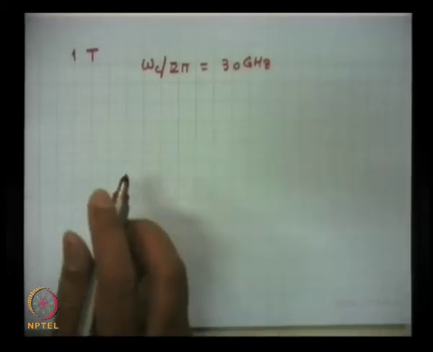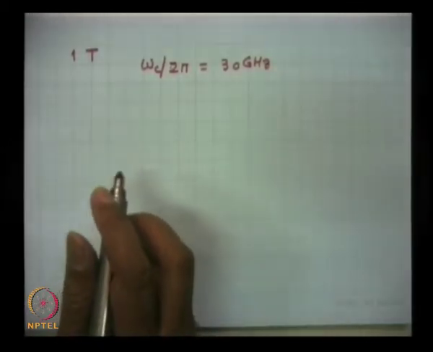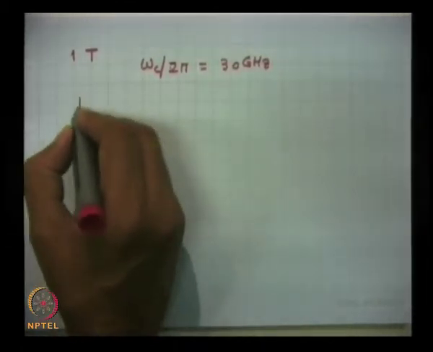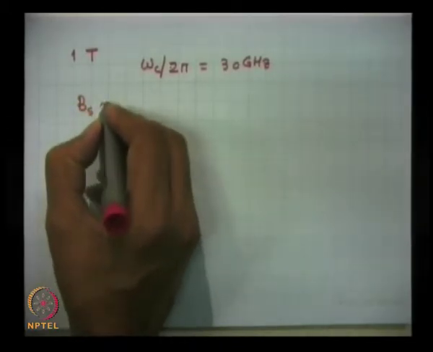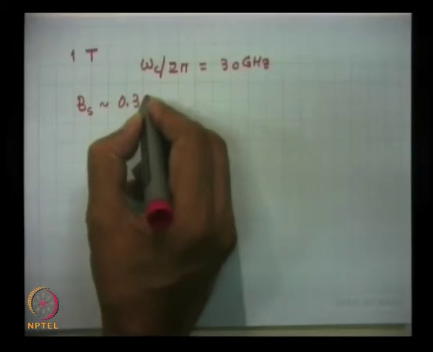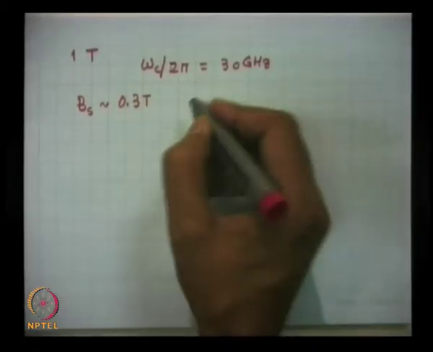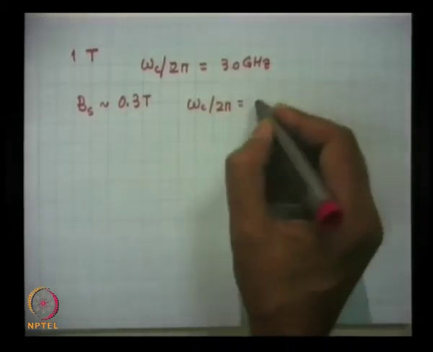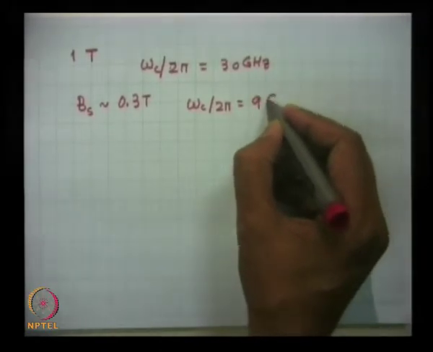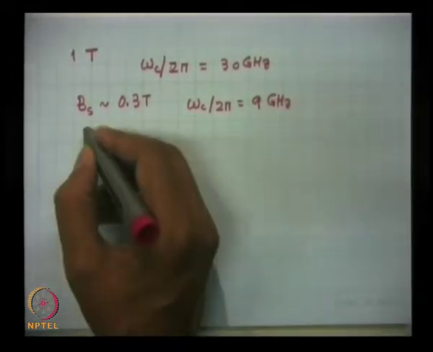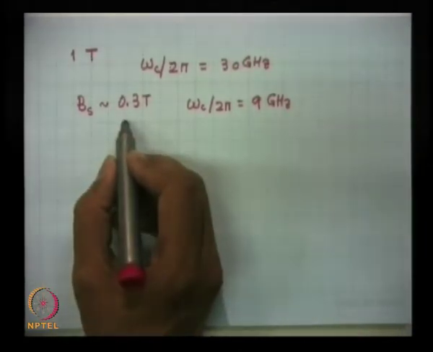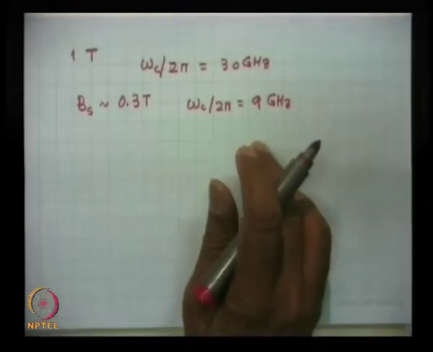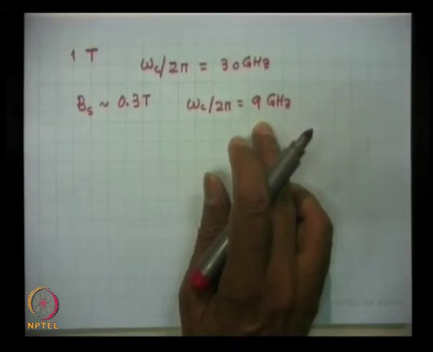So, suppose I have a mirror machine that has a magnetic field of the order of say 0.3 Tesla, or 3 kilo Gauss, then the corresponding omega c upon 2 pi would be 9 gigahertz. At a lower value of magnetic field it will be smaller; suppose I choose a magnetic field of about 0.1 Tesla, then this will be about 3 gigahertz. And that is microwave frequency.